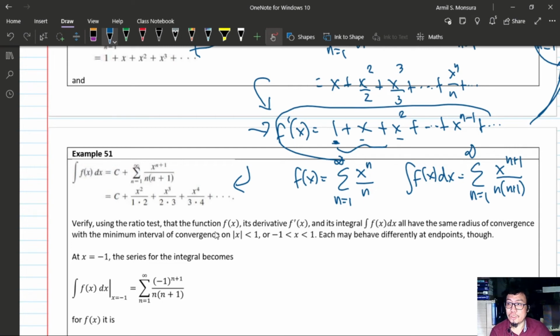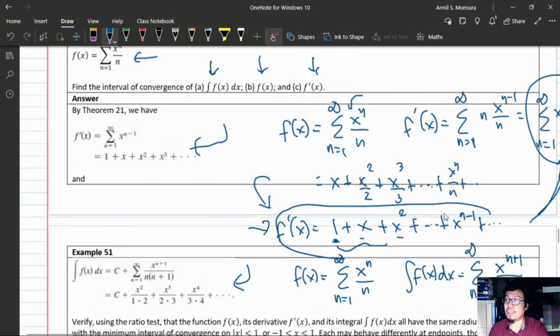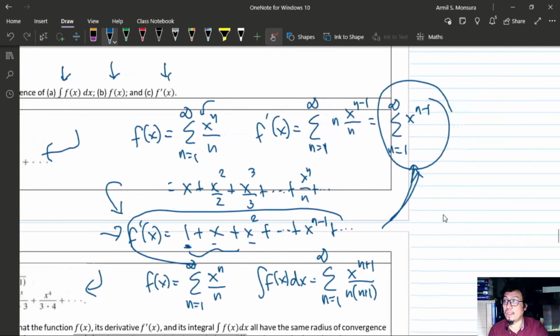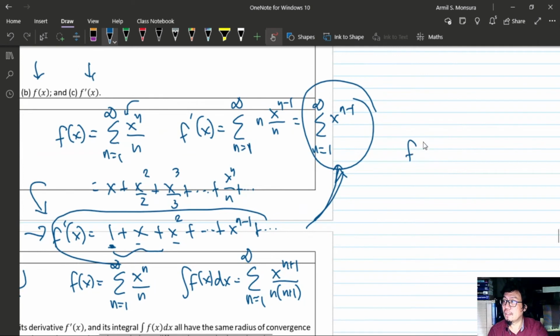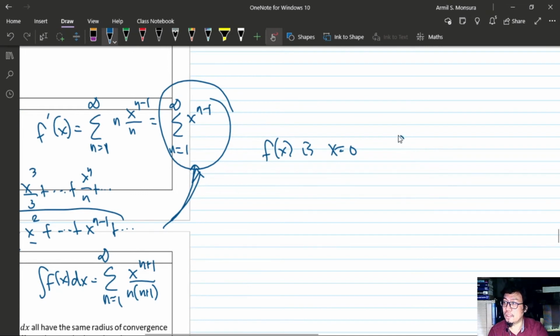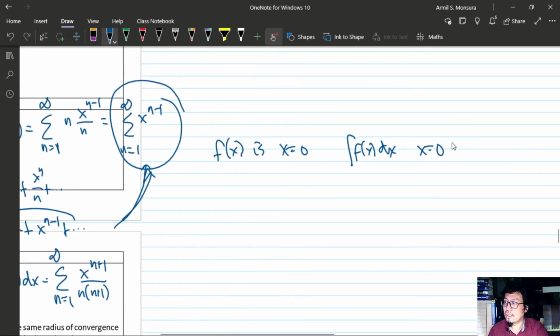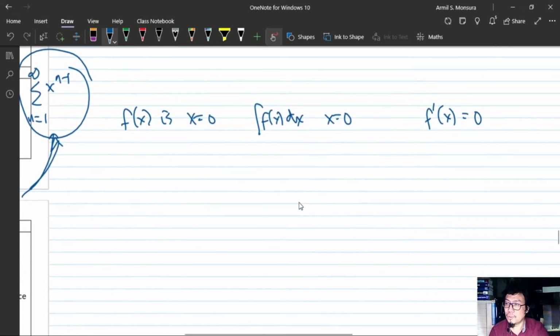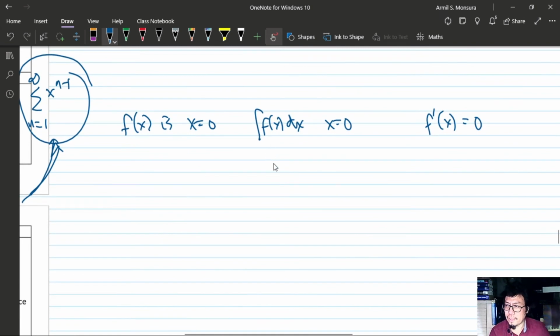So in this case, we'll proceed now by verifying using the ratio test. By the way, all of our series seem to be centered at 0. So we see that f of x is centered at x equals 0. So is the integral of f of x dx, and so is f prime of x. Actually, I'll summarize this later.